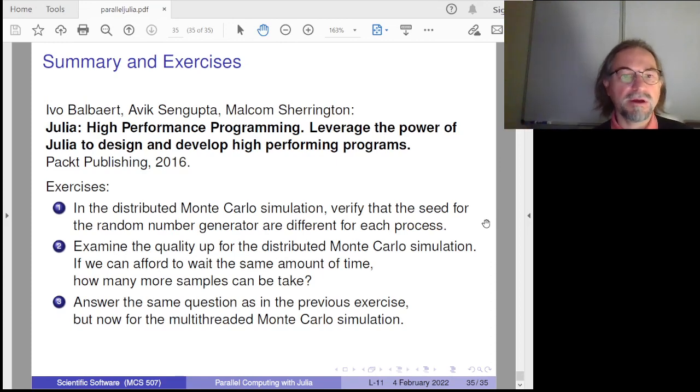So verify this. So there is the quality up. So if we ran the multi-threaded Monte Carlo and we divide it by the number of threads, instead you would keep the number of threads, but you would actually check how much more accurate is your result. So you can do this with the distributed version and for the multi-threaded version.